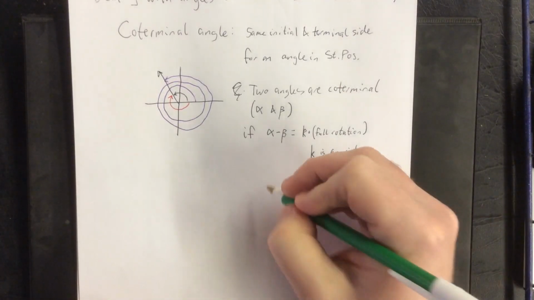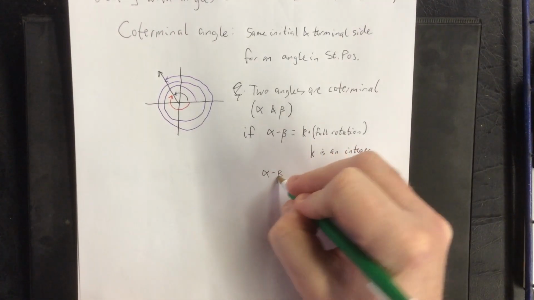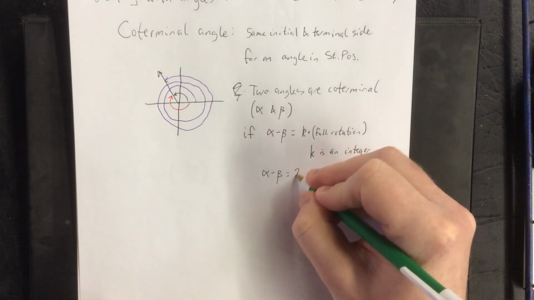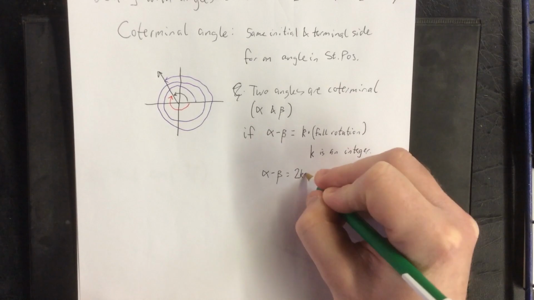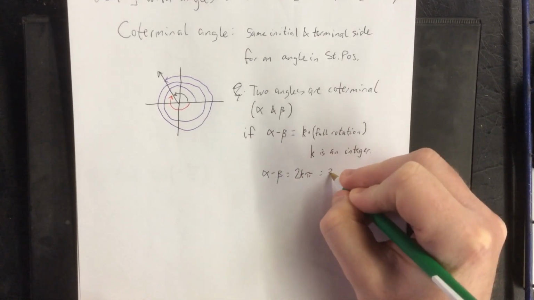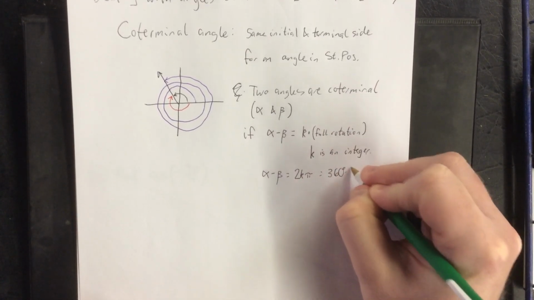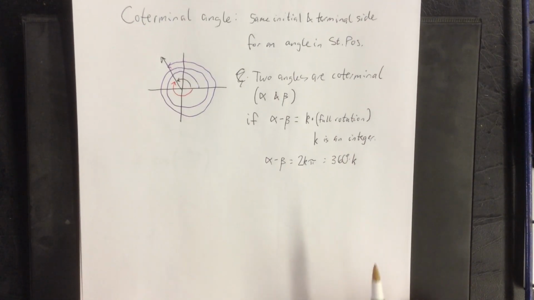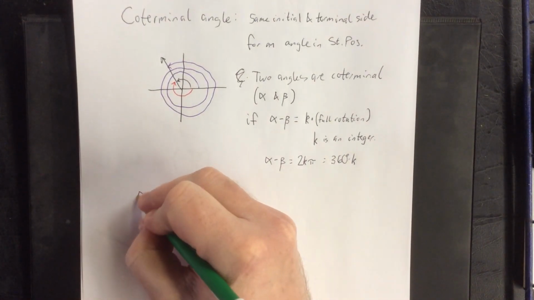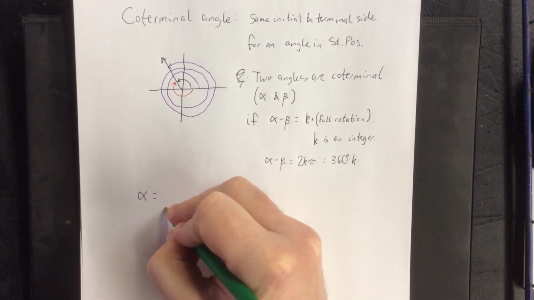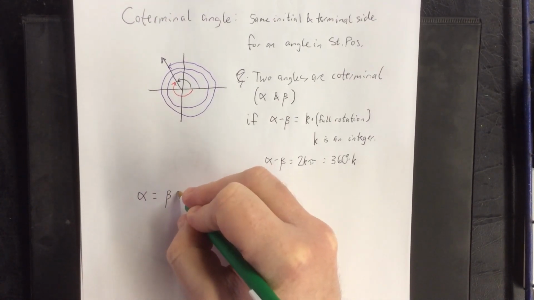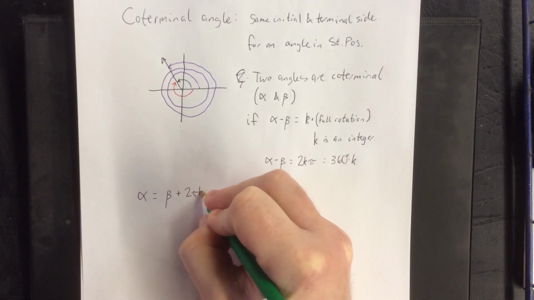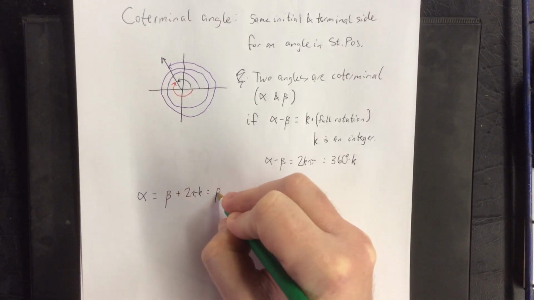Now, typical ways that we would say something like this is either k times 2 pi, if we're working with radians, or 2k pi, or 360 degrees times k. Now, what we can take out of this is that given an angle, I can find a coterminal angle if I were to add or subtract any multiple of 2 pi or 360 degrees.